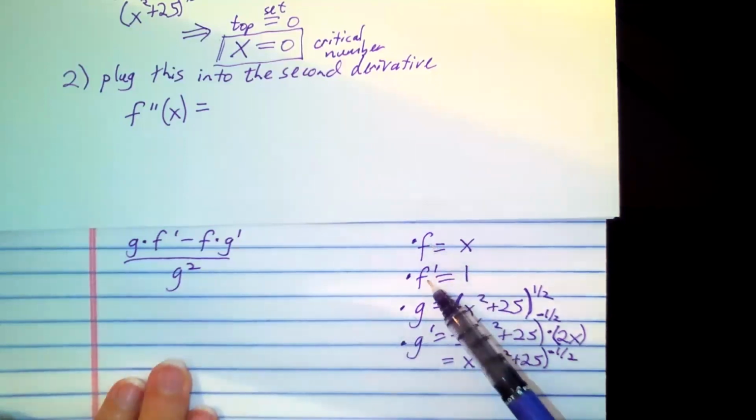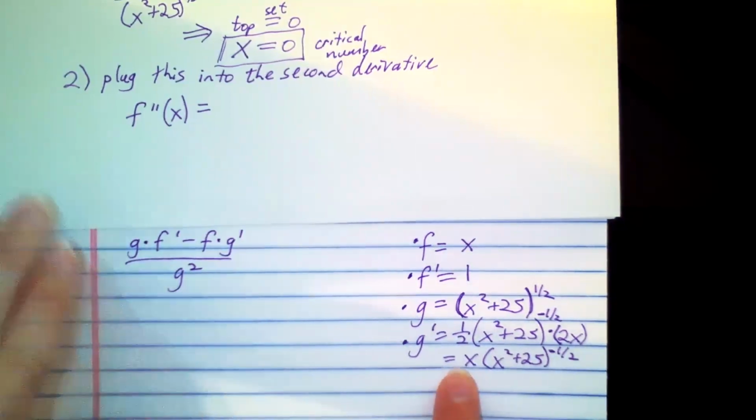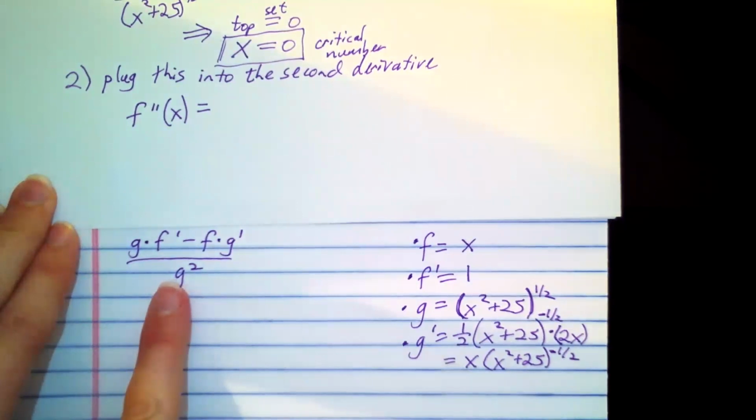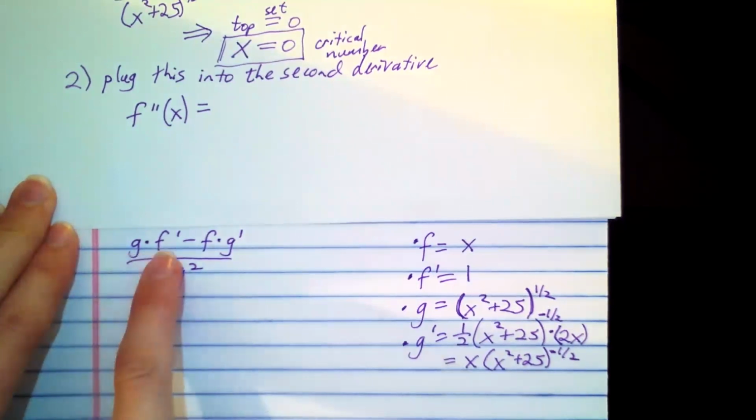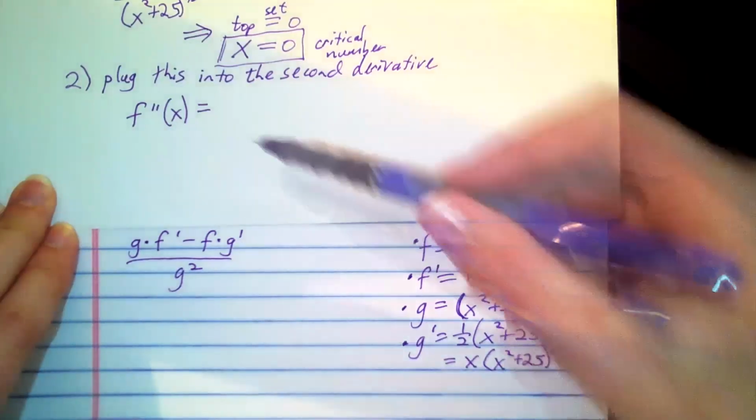This is my f prime, g, and g prime. Take all of these, drag and drop, put them into the quotient rule formula. g times f prime minus f times g prime all over the square of g. I'm going to write this up here.